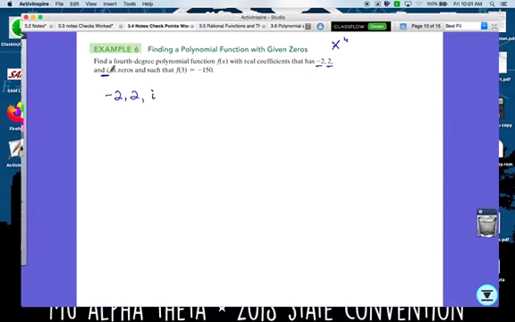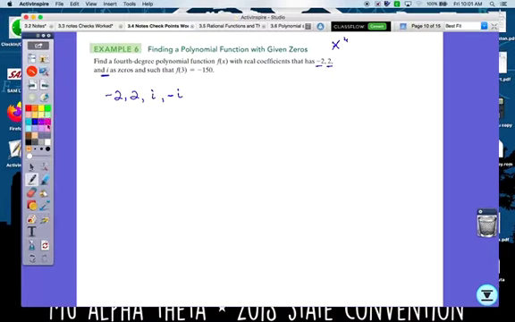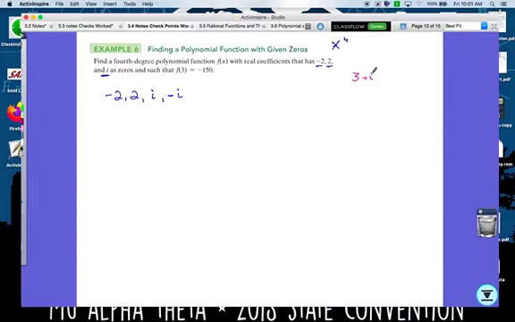All right, but it turns out that if we have an imaginary answer, the negative, or the conjugate of that, which in this case is just going to be negative i, will also be an answer. All right, so if we had 3 plus i, this is just not for this problem, but if 3 plus i was an answer, so would be 3 minus i. Okay, and the conjugate is changing that sign in the middle.